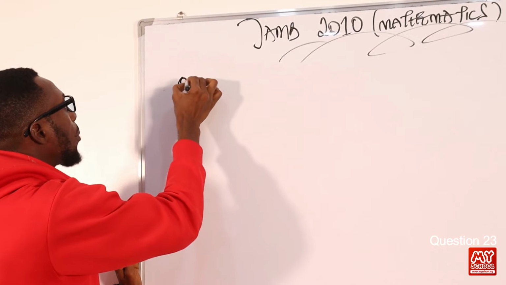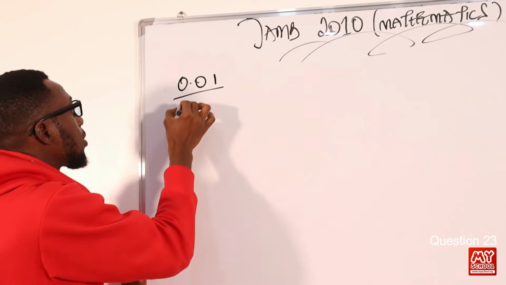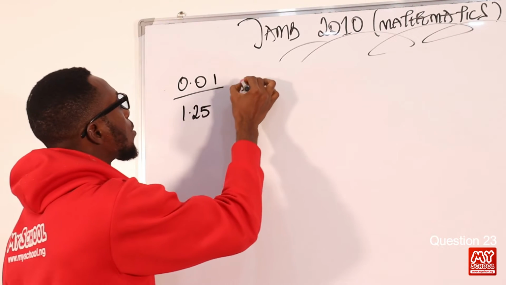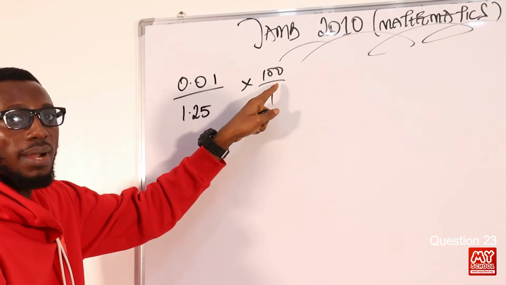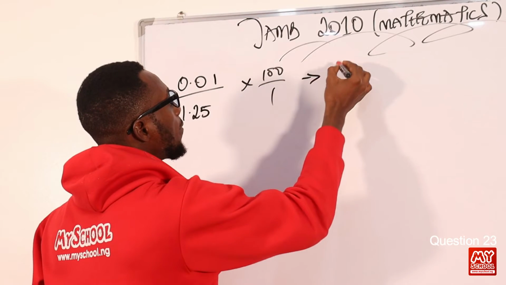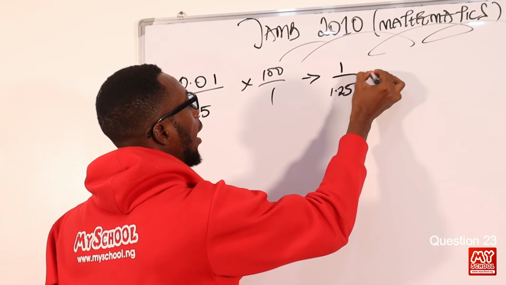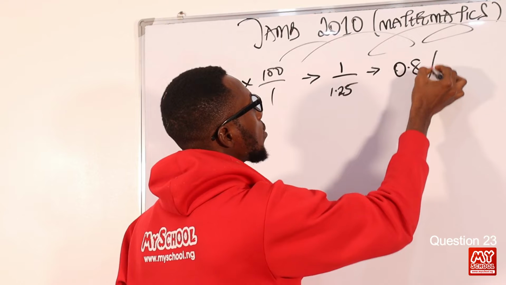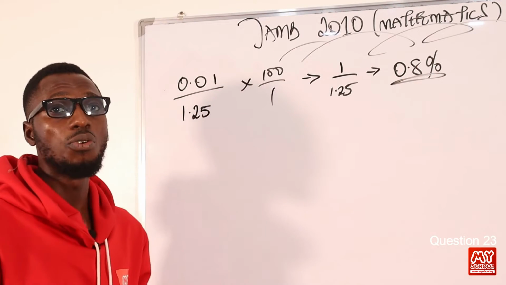The absolute error that we got is 0.01 over the actual length, which is 1.25, then times 100 over 1. When I multiply this, I have 1 over 1.25. And if I divide, I should have 0.8. So that is my percentage. The percentage error is 0.8.